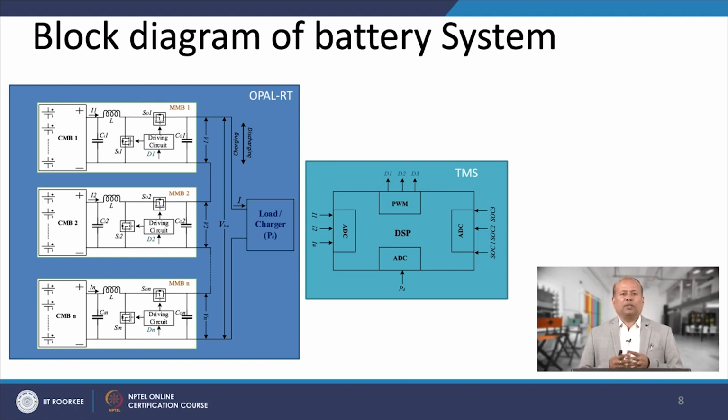Each module consists of a CMB, known as cell management block, which consists of cells connected in a series parallel combination with a balancer circuit. The driving circuit, which takes input from the TMS, drives the MOSFETs. Let us discuss the working principle of the battery system.